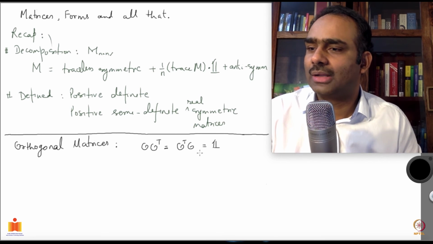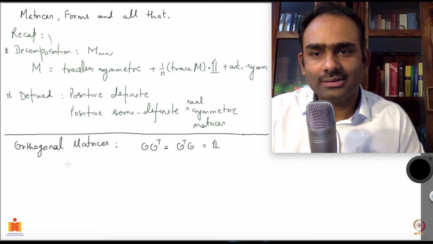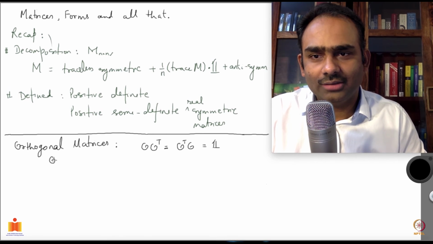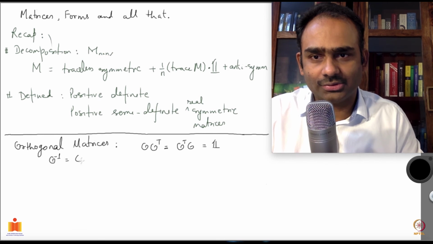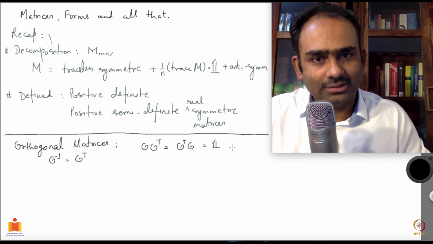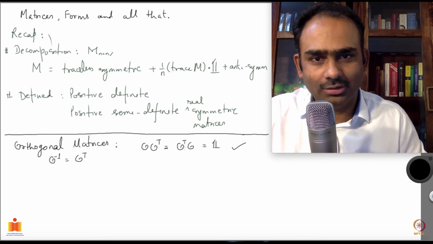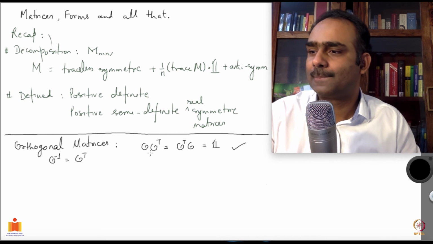Which means that the inverse of O is the same as O transpose. Right? That's what this relation means. When you take O, multiply with O inverse, it should give identity. And that's what is happening here.